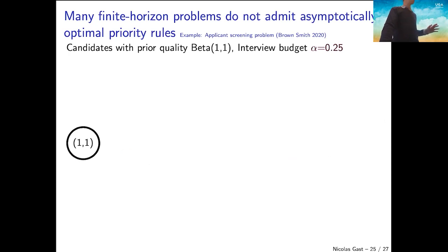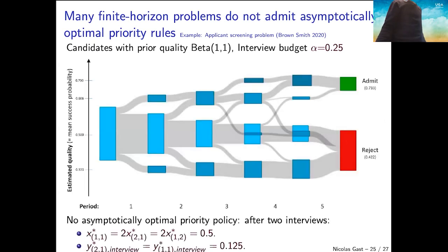I wanted to give an example, but probably I won't. I wanted to come back to this applicant screening example. But just to say that, in fact, direct constraining can be implemented at this finite horizon problem. And here, we can talk later if you want, but typically this is an example where there is no priority policy that is asymptotically optimal.